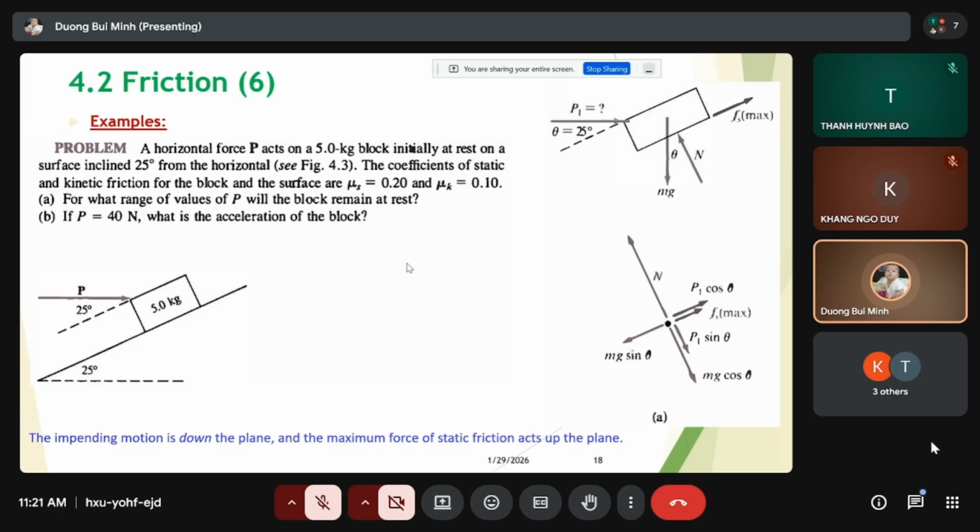We need to use some force to keep the object at rest. Otherwise, this object will be moving down. So we need some magnitude of force to keep the block at rest.